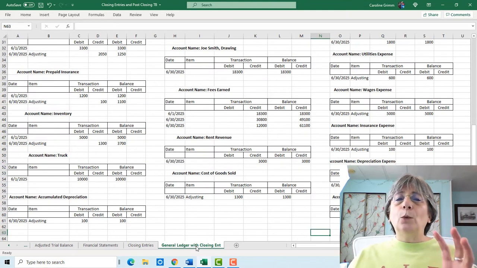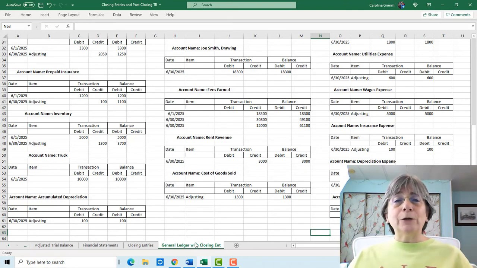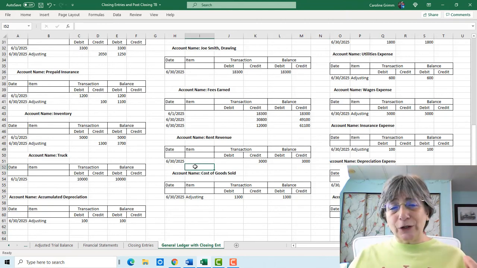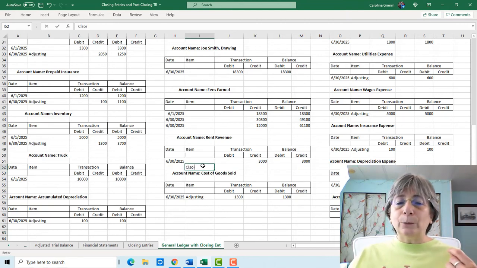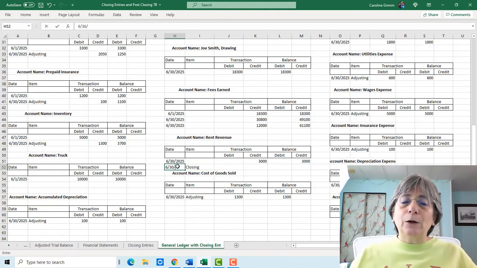At this point, we go to our general ledger and we post those transactions just like we did with our regular journal entries and with our adjusting journal entries. And similarly to our adjusting entries, with the item right here, we're going to put closing so that we know this is a closing entry.